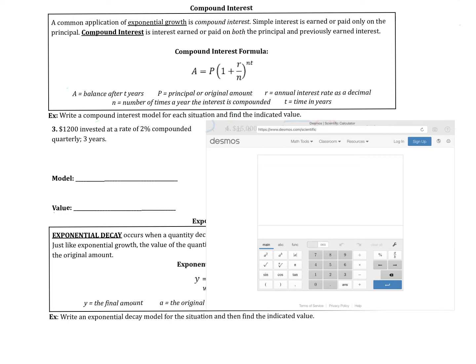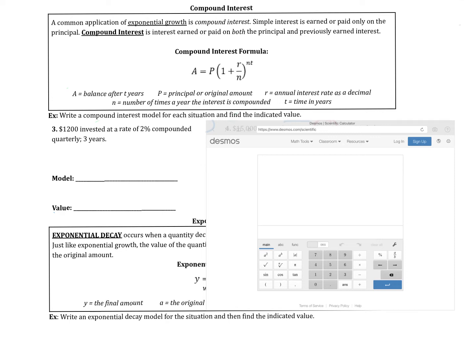And the basic idea behind compound interest is that you make interest off of your interest. So interest is money earned after a certain period of time that's contributed by the bank or wherever the investment is coming from. And with a simple interest account, you're never making money off of that amount. You're only ever making money off of the original amount that you put into the account.